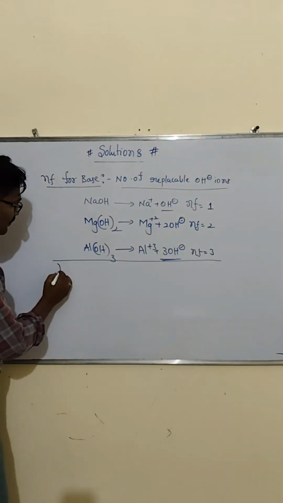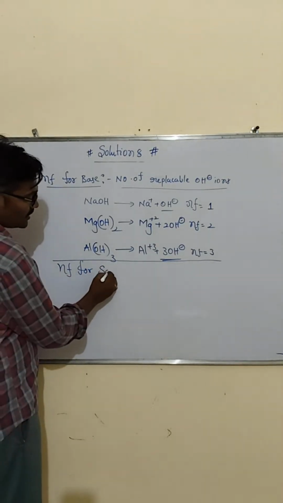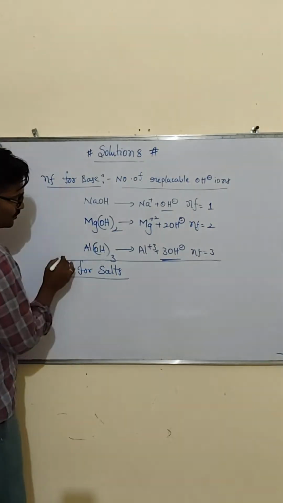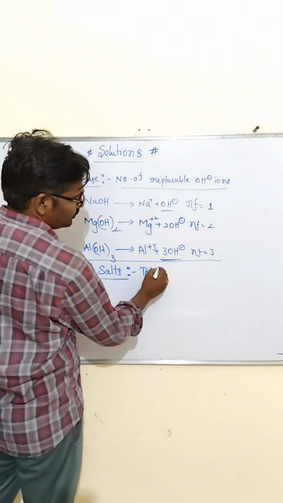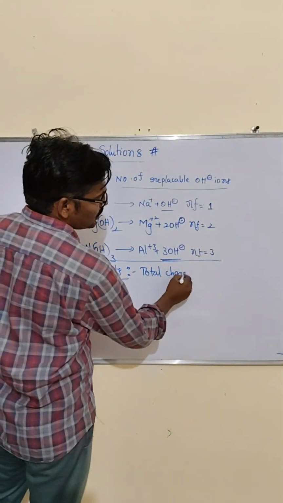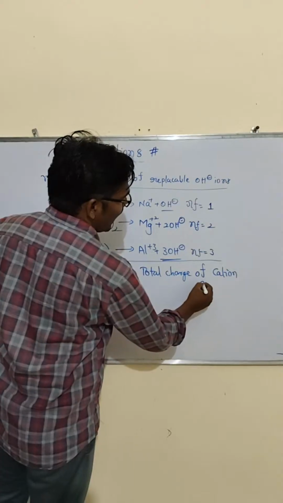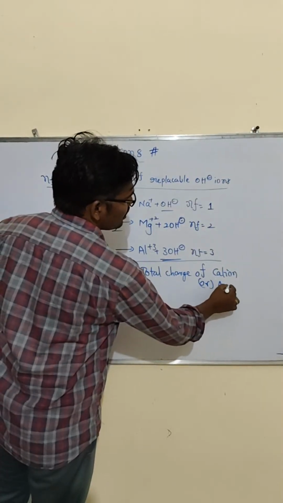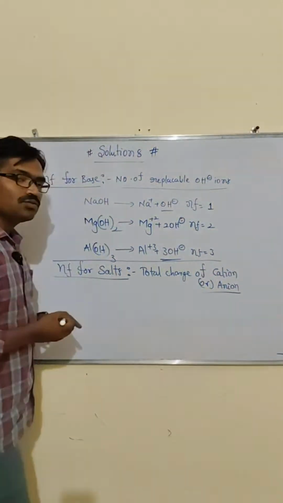So next, n factor for salts. In case you take salts, then the total charge of cation or anion has to be taken.